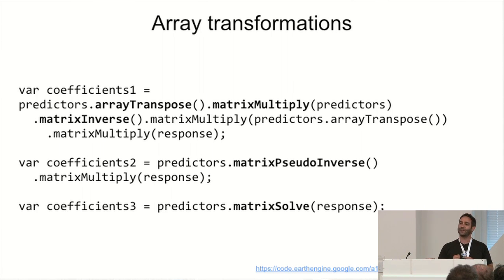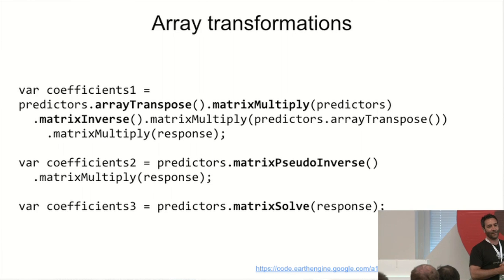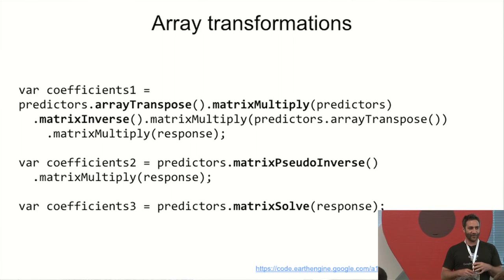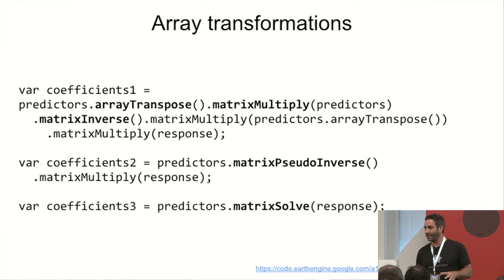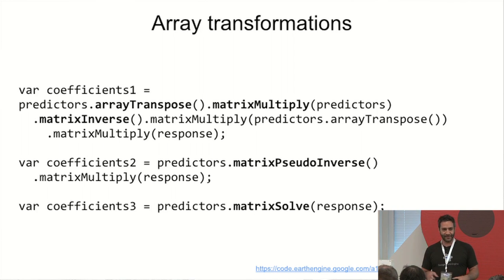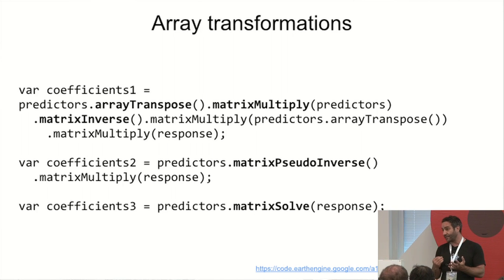X transpose X inverse is, then you can get that from matrix pseudo inverse, but the easiest way is just calling matrix solve. And I'm taking you through all this stuff because, again, if you've got some fancy algorithm that is one step beyond solving a matrix and you want to implement it, this is how you would do it.